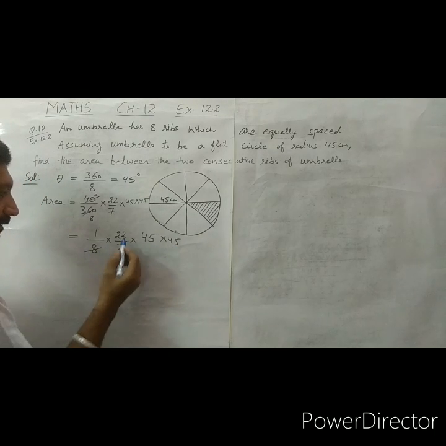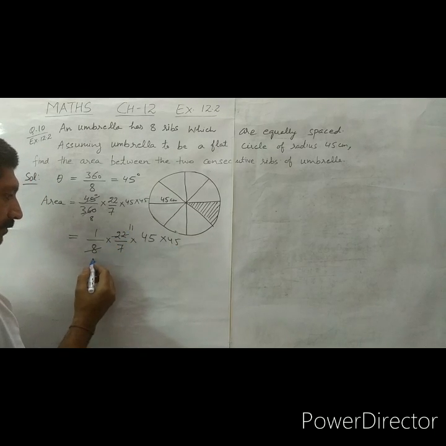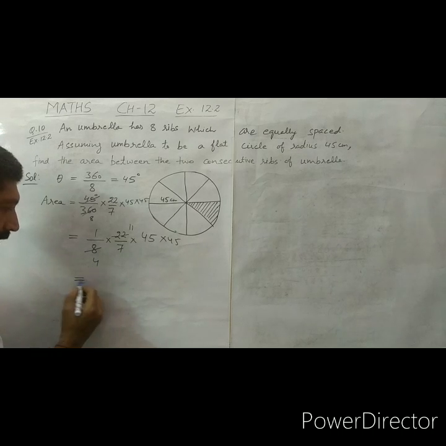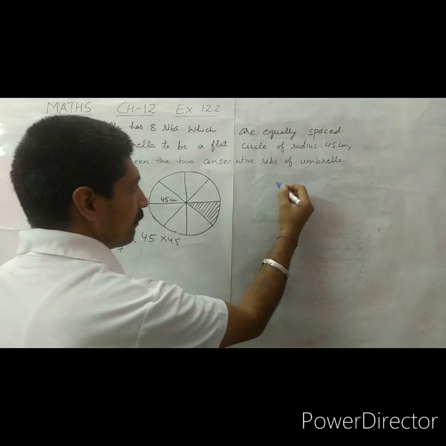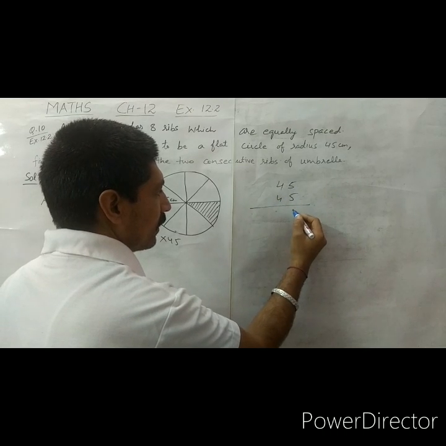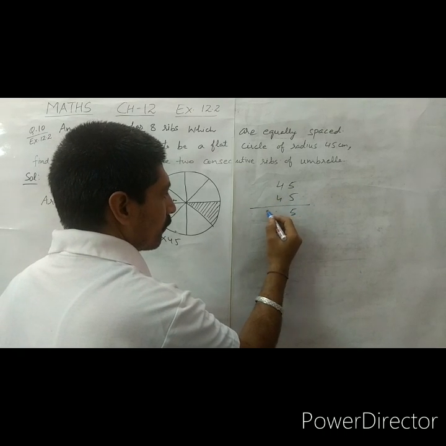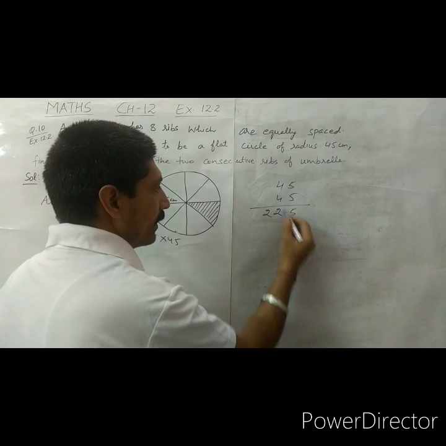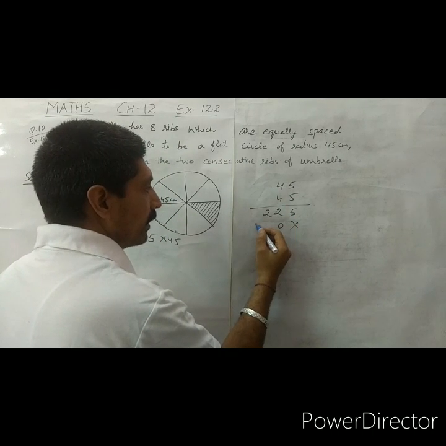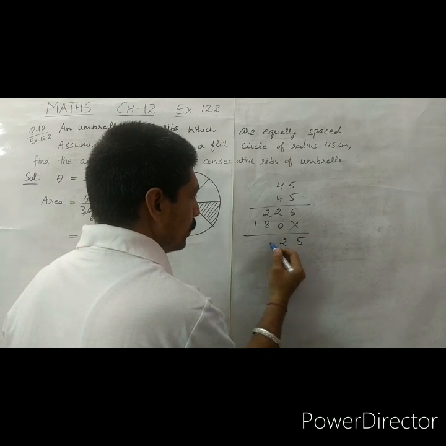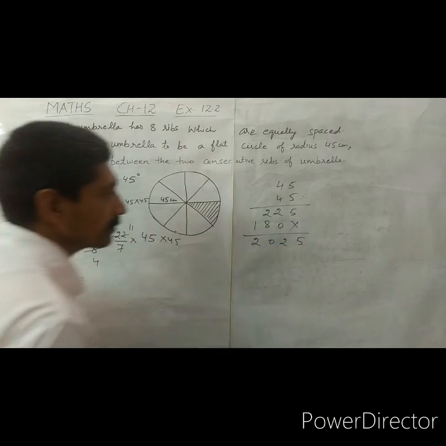So here we have 11, and here we have 4. 45 into 45, we have 25, and here we have again 20, and so we have 5202.